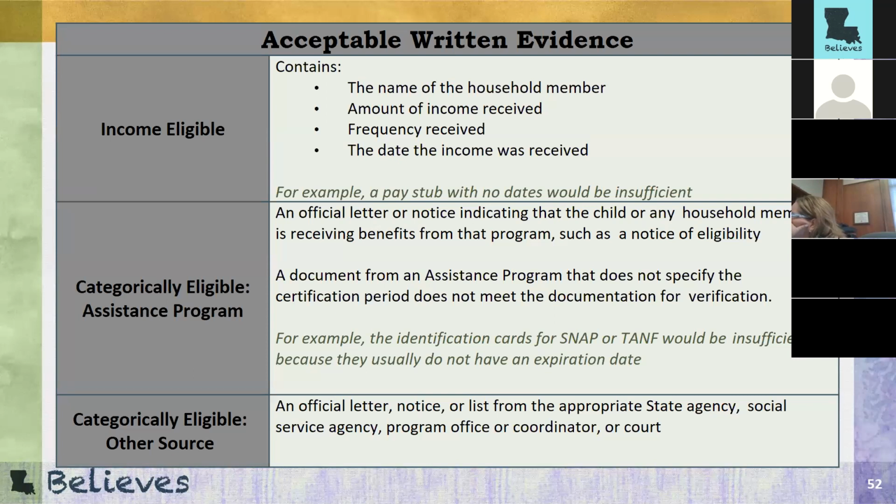For example, the identification cards for SNAP or TANF would be insufficient because they do not usually have an expiration date. Or categorical eligibility from another source contains an official letter, notice, or list from the appropriate state agency, social service agency, program office or coordinator, or court.